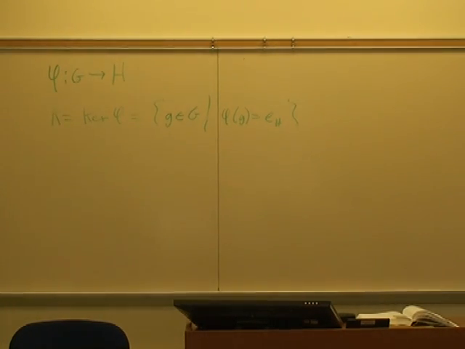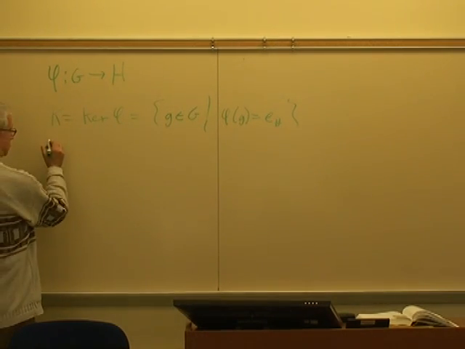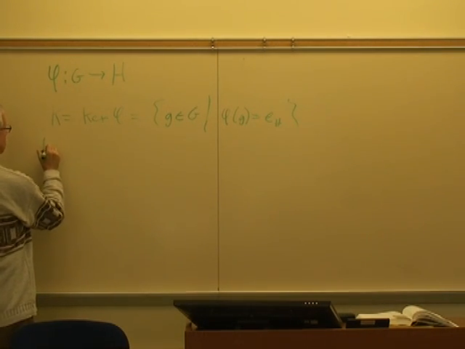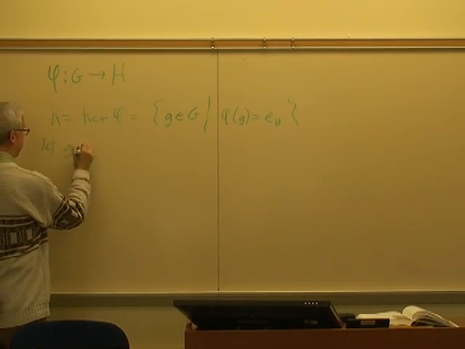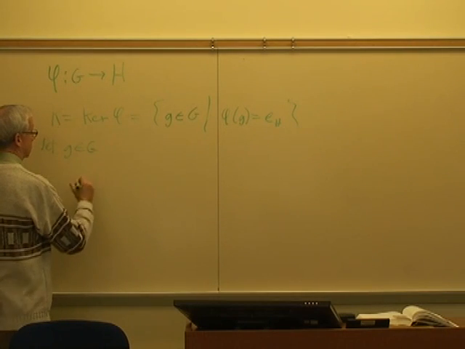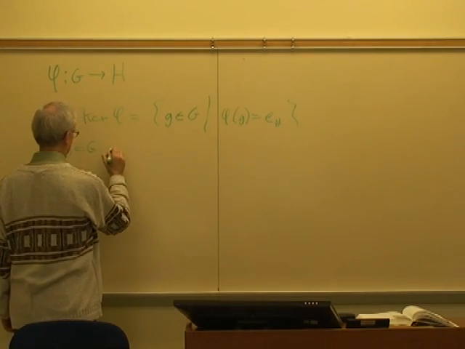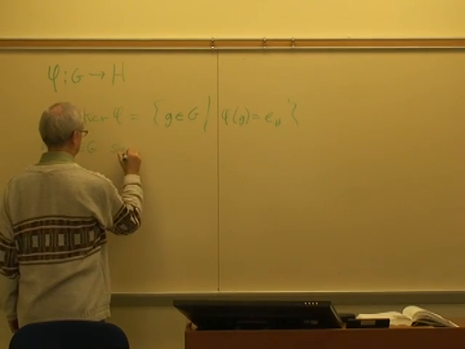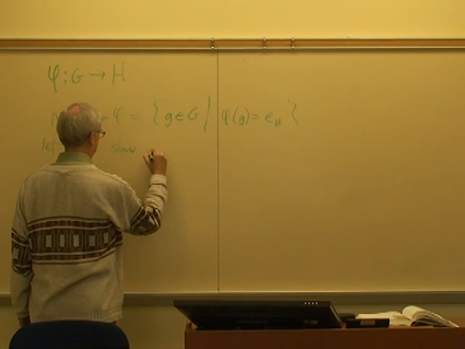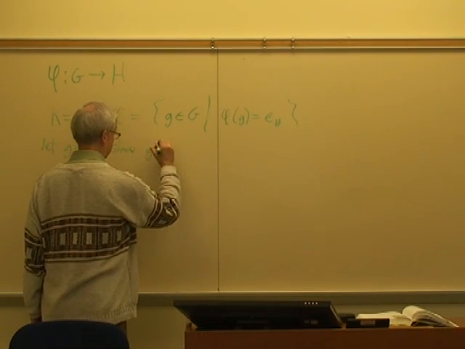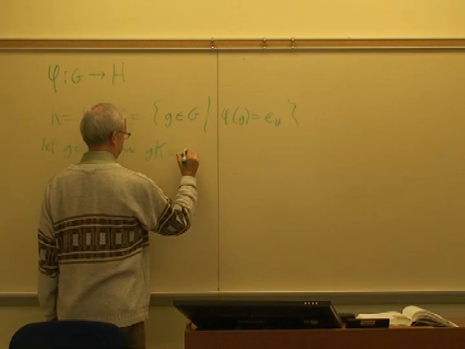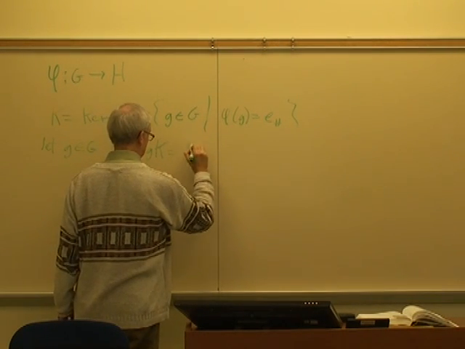How do I prove normality? Let g be some element of G. I need to show that gK is equal to Kg.